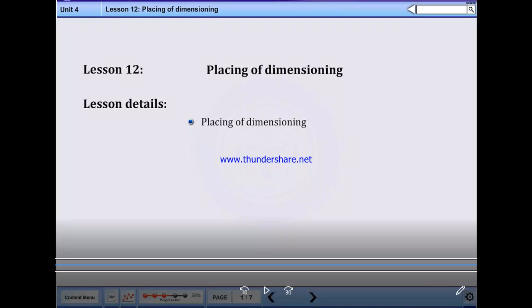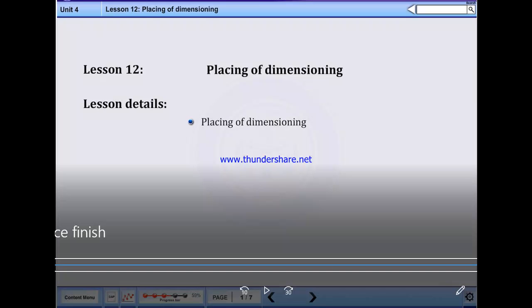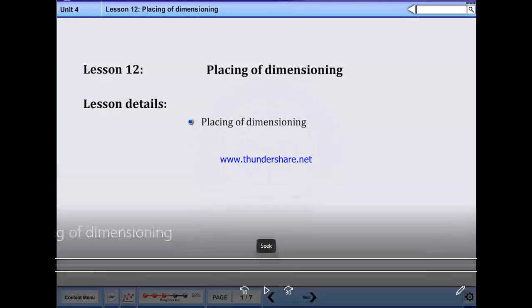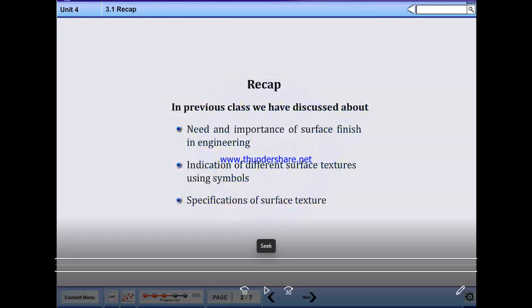Now with this we will move to the next topic, that is placing of dimensions. Before starting placing of dimensioning, let us recap what we have discussed previously: need and importance of surface finishing in engineering drawing, indication of different surface textures using symbols, and specifications of surface texture.